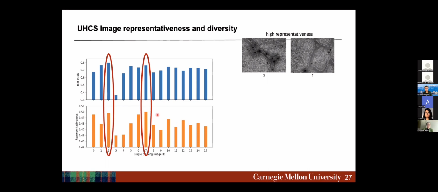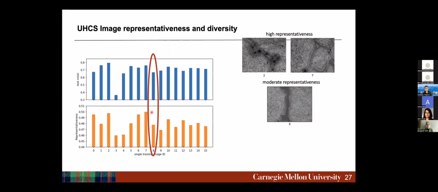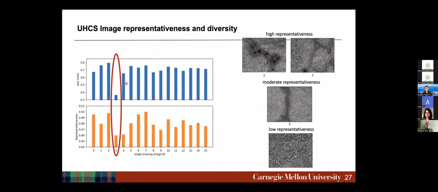In other words, representativeness seems to be a worthwhile metric for understanding how good an image is as a training image. If we go to a moderate representativeness, this image here, number 8, we have a moderate IOU for the outcome. And likewise, if we look at the lowest representativeness, that's again that image that has only 2 of the 4 constituents and gives a very low IOU score for the segmentation.